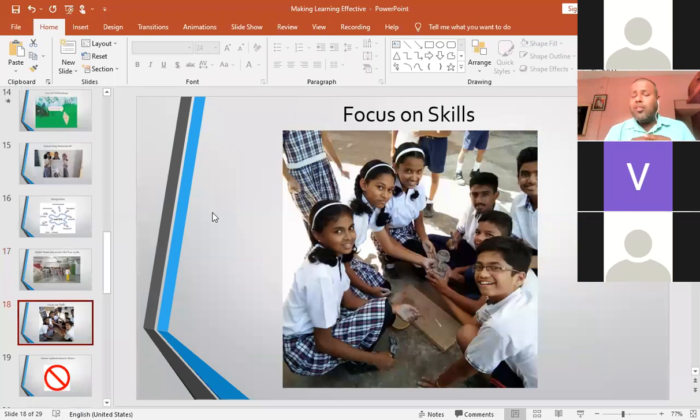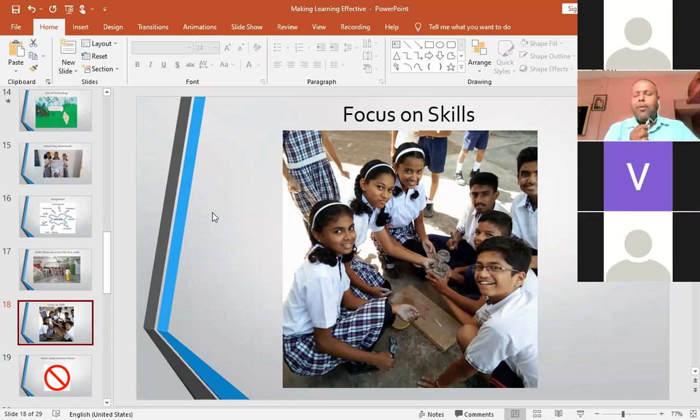Next is focus on skills. When you plan your lesson, specifically when you plan your objectives, objectives need to be made by thinking of children in the mind first. The language of the objective should be child-facing language.